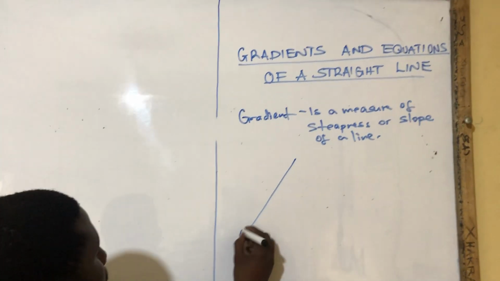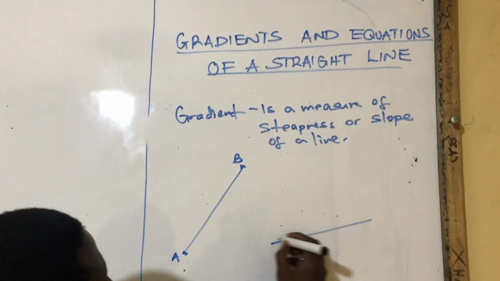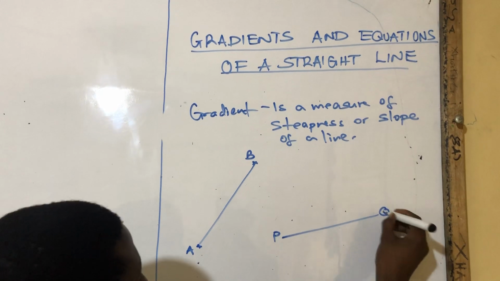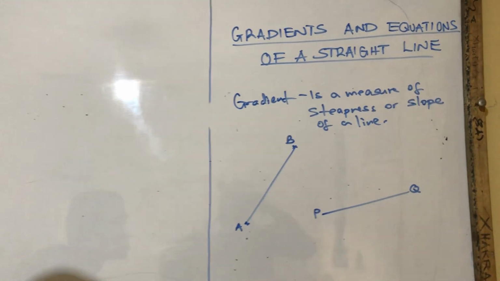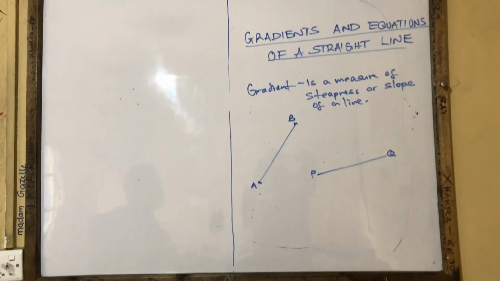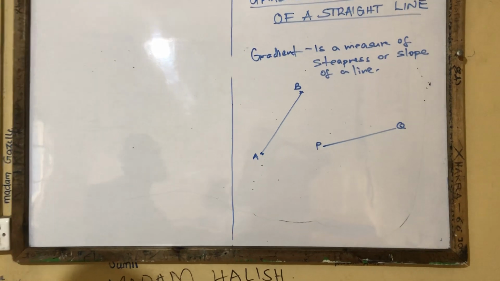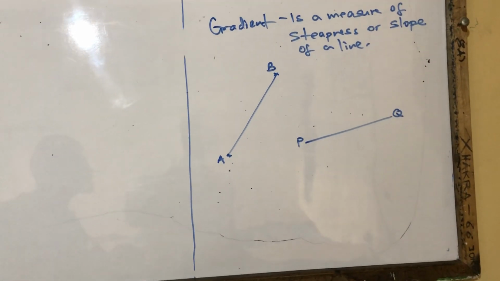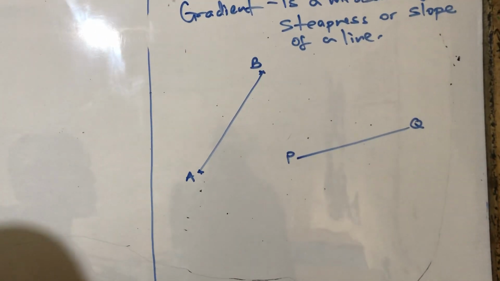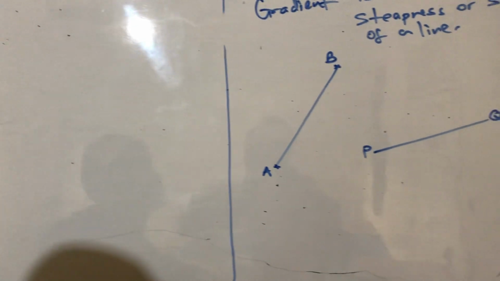We have got a line AB and another line PQ. Which of those two lines would you say is greater than the other? The line AB is greater in steepness compared to the line PQ.